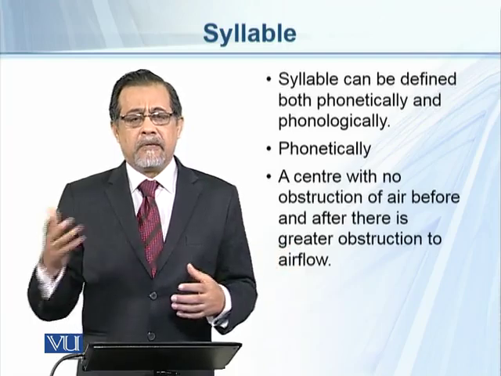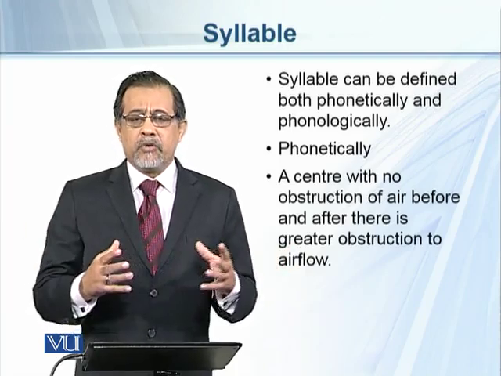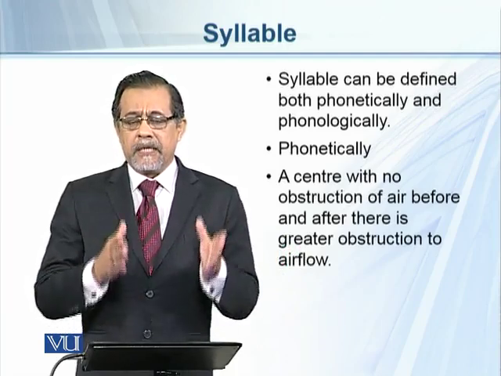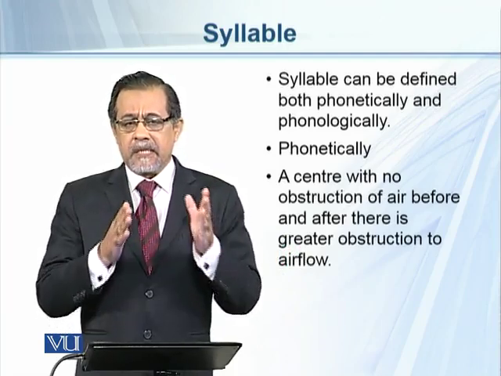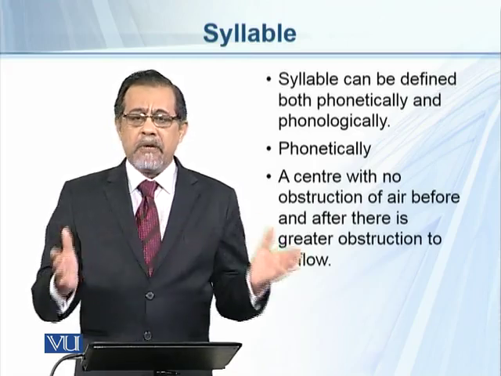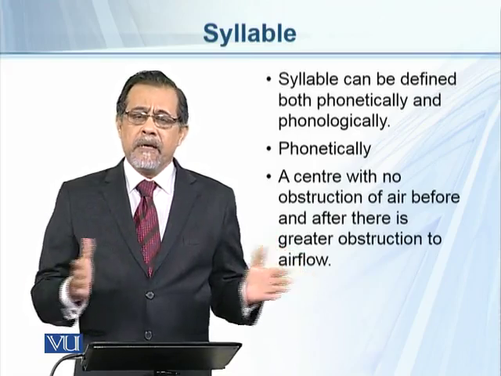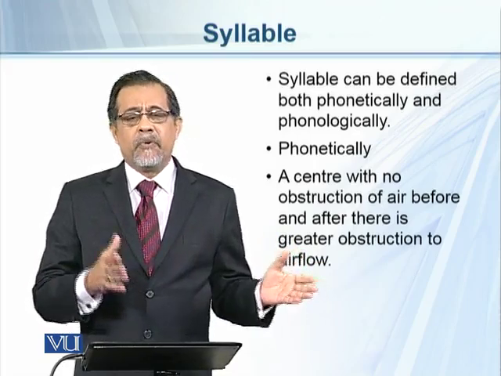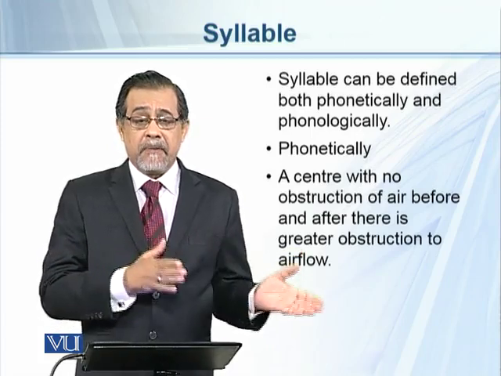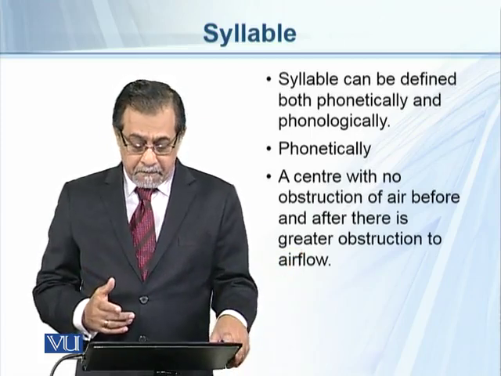So this is how we can define a syllable: phonetically, a syllable consists of a vowel sound in the middle which has no obstruction of air, and a consonant before and after. There is a possibility of consonants coming before and after.